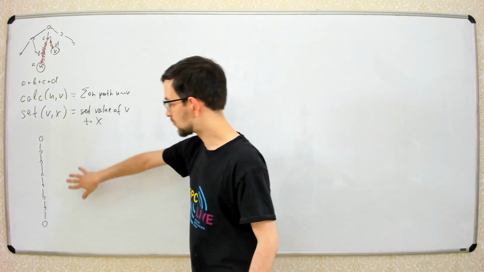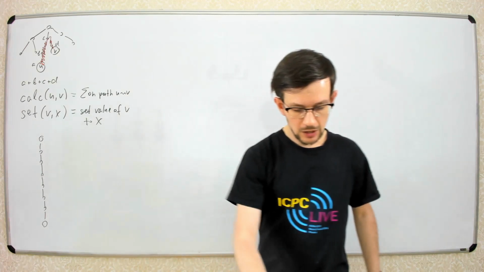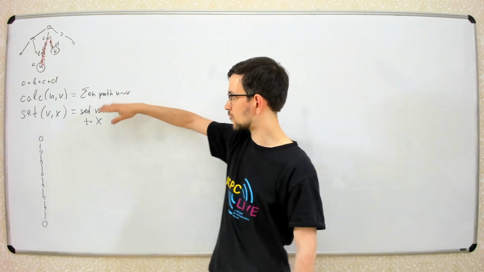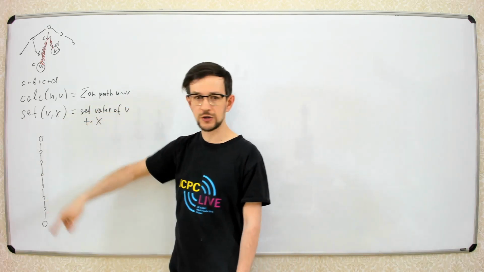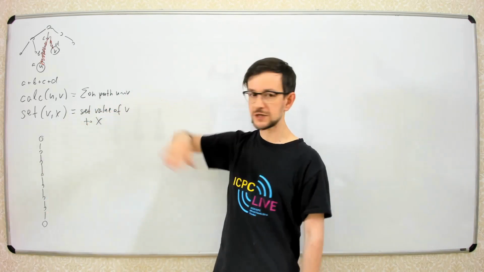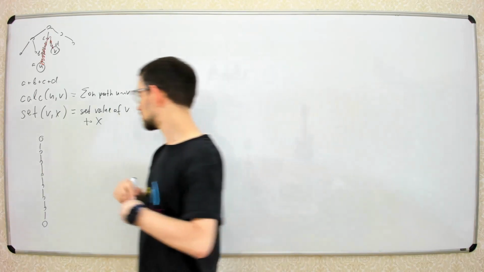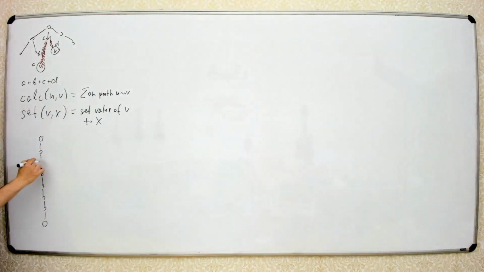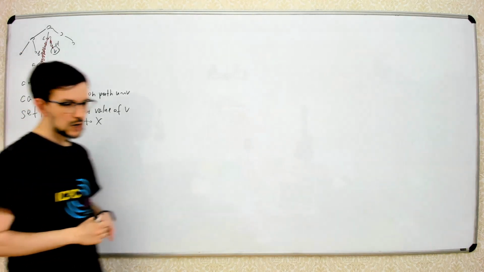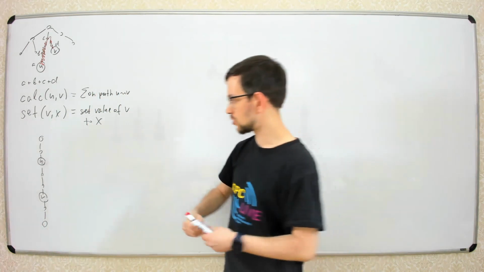So let's first try to solve our problem on this tree. We have these two requests. The first request changes the value in some node, and the second request calculates some function on a path in this tree. So you have some nodes U and V, and you need to calculate your function on this path.